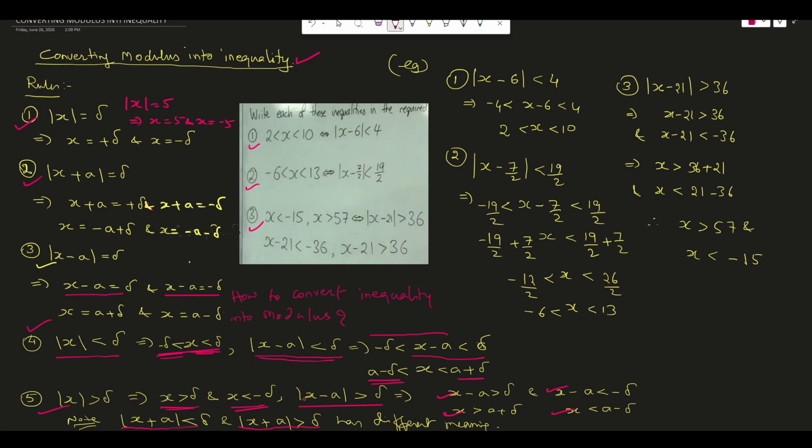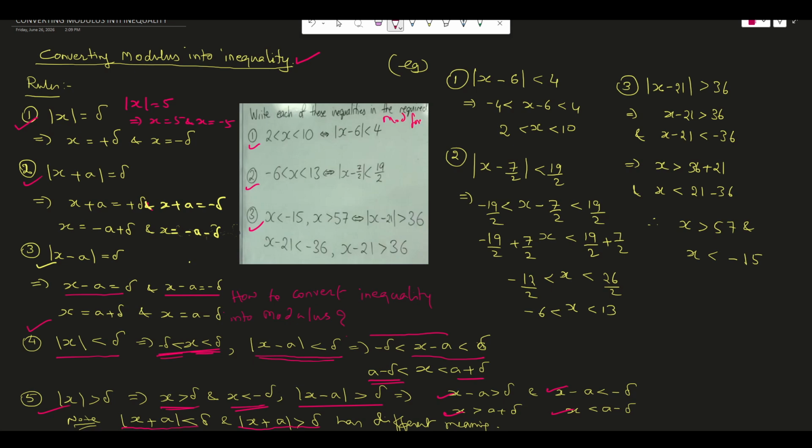So with this as the background, all these rules that I have discussed, let us come to this. Now the question here is of the form: write each inequality in the required modulus form.